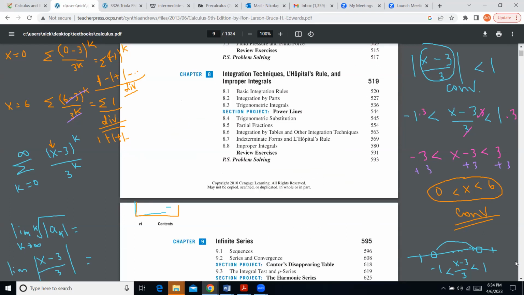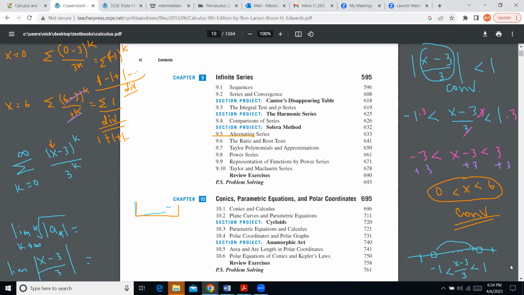We already had chapter 8 for the test, but we stopped at L'Hopital's rule. That's a very useful rule. So we had a cutoff here for the midterm. For the final, we'll start at 8.7, 8.8, and then chapter 9, a few sections.